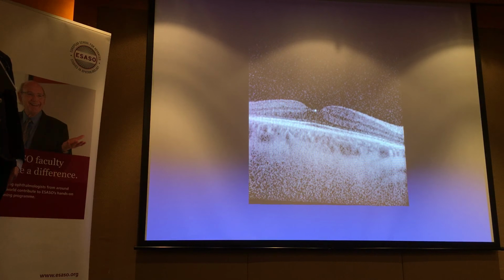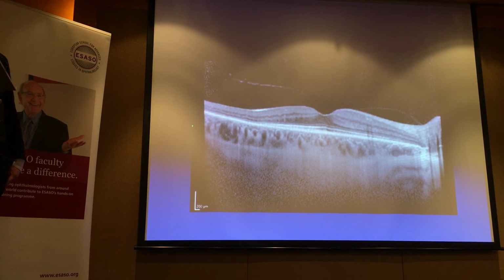Don't see anything, right? Don't necessarily see it, but if you look at the retina, it looks fine, right? I don't see anything. To me, this is normal. How about this? Same thing.